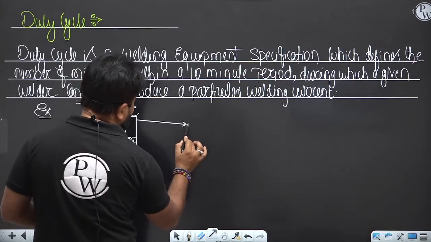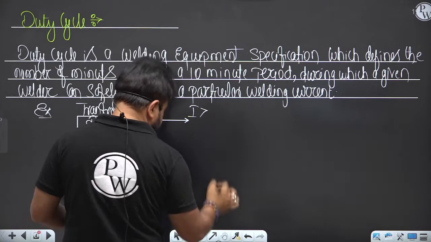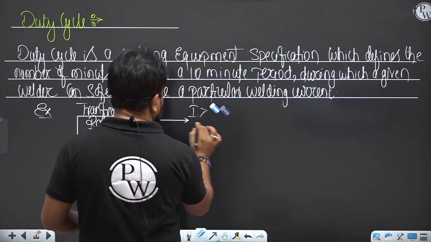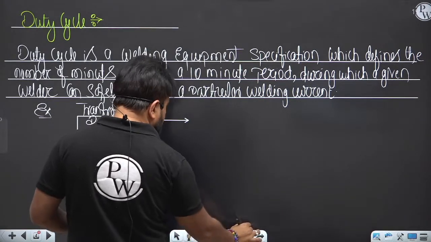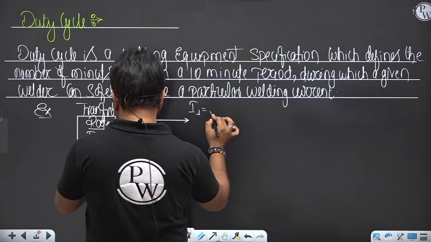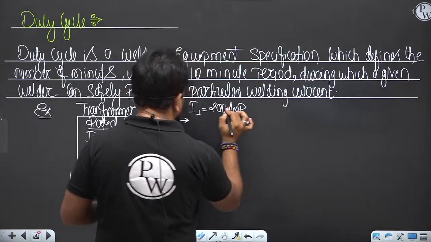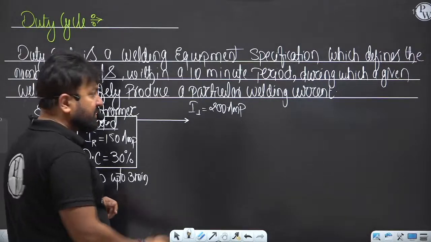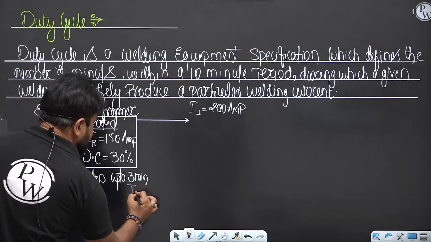Suppose you want to draw a current I1 greater than 150. Then what will be the duty cycle, or the rated time?